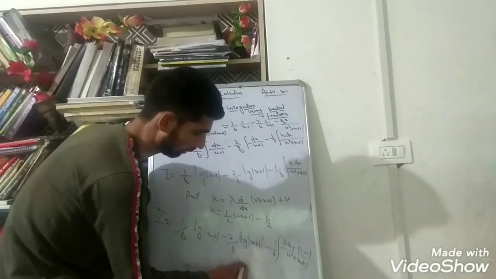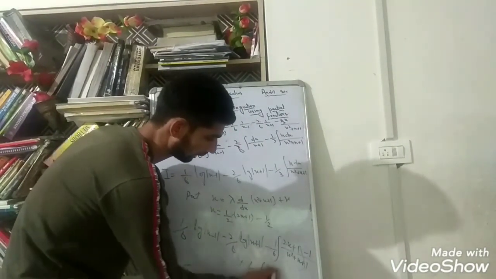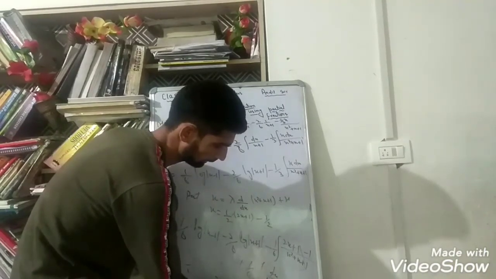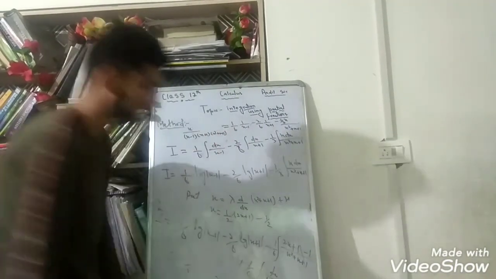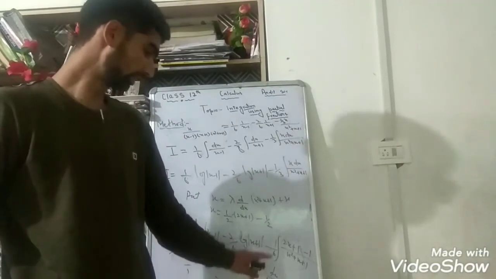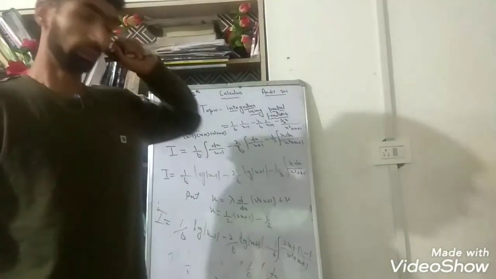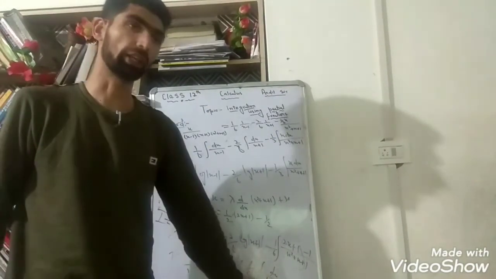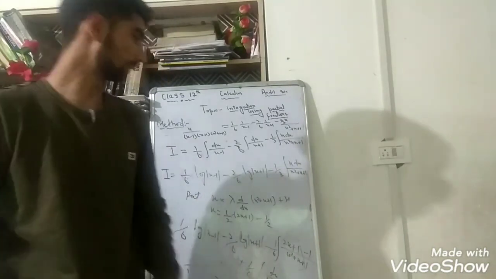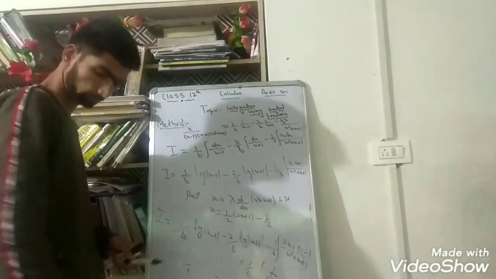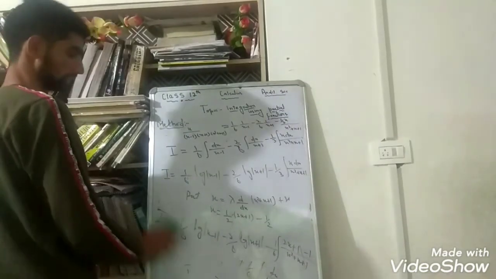But after that you have plus 1 divided by 6 integral of dx divided by x square plus x plus 1. This is now easy, beta, because you know that this integral can be solved by the method of completing the square. You have to convert this in terms of square of 2. And then you can get the solution.